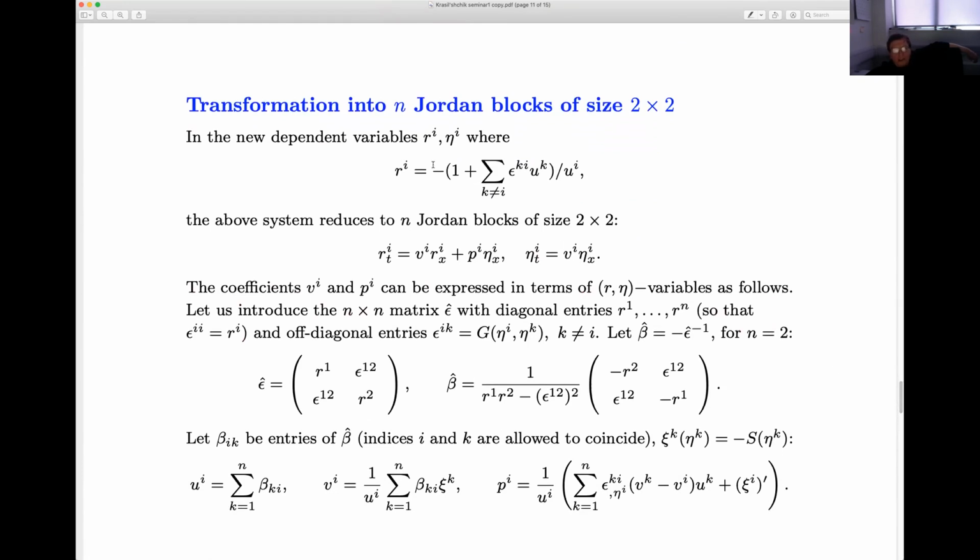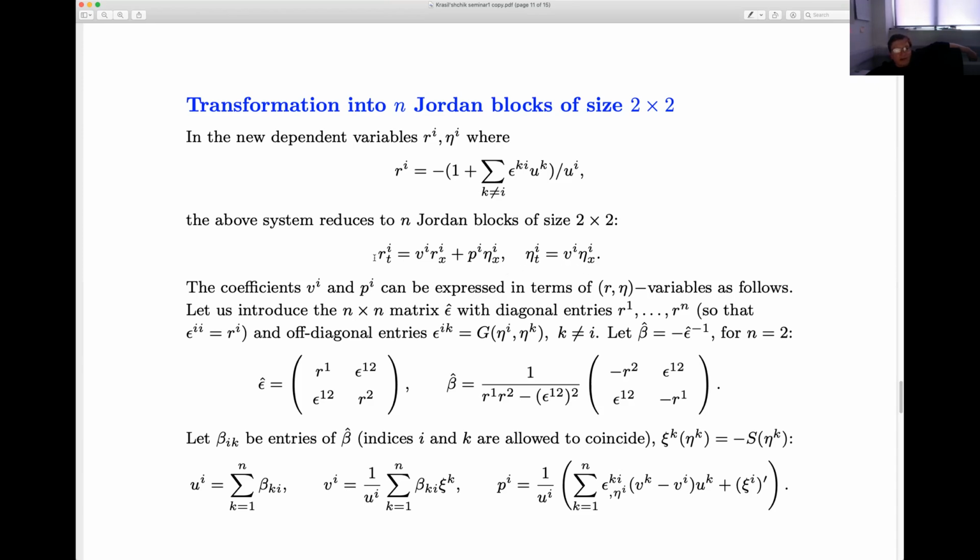Instead of u's, you introduce new variables r's, which are given by this explicit formula. This formula was found in the paper by Pavlov, Taranov, and L., 2012. If you introduce r's by this explicit formula, then in the variables r's and etas, the system takes this form.